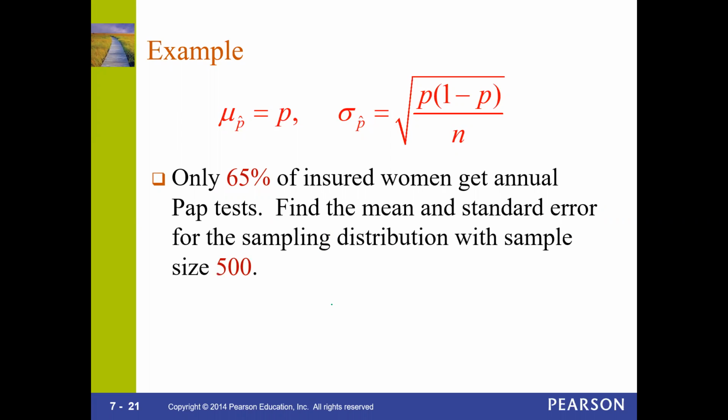Can you guess what the mean will be? As I told you before, this is the average rule for mu p hat, the mean for proportion. What do I think the mean will be? The question is open for discussion: what do I think the p hat will be?